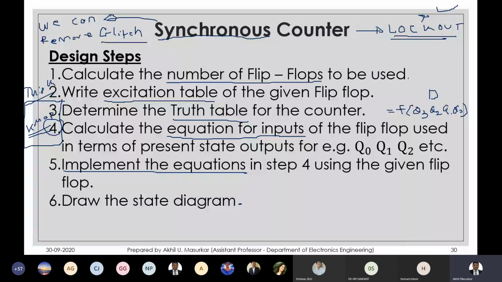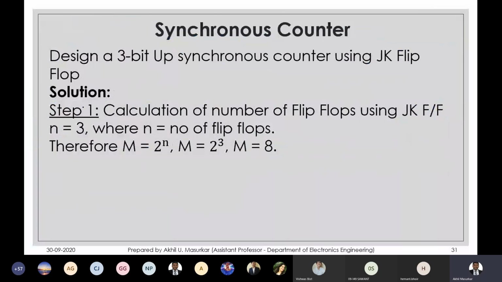Okay, so let's see a design directly, which will be based on these 6 steps. The first design is: design a 3-bit up counter using JK flip-flop.